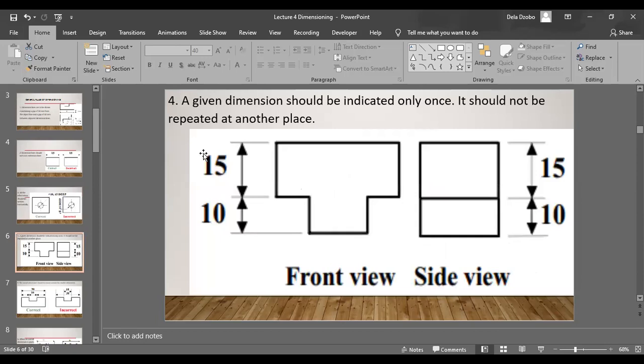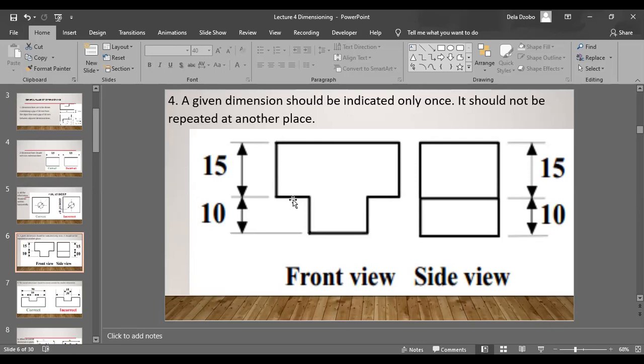Now the fourth rule of dimensioning: a given dimension should be indicated only once. It should not be repeated at another place. So 15 here is the space between this line that I'm moving my mouse over and this other one.